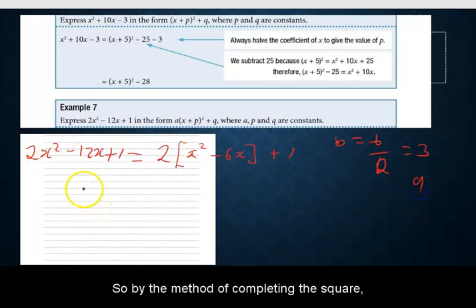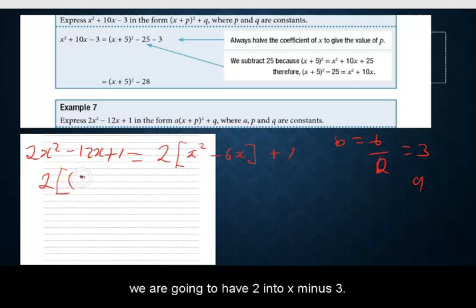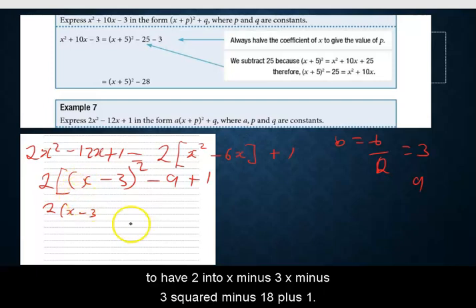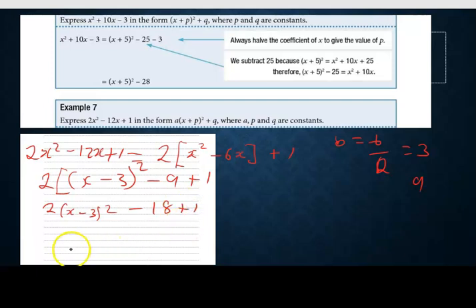So by the method of completing the square, we are going to have 2 into x minus 3, then square this, minus 9 plus 1, such that we are going to have 2 into x minus 3 squared minus 18 plus 1.